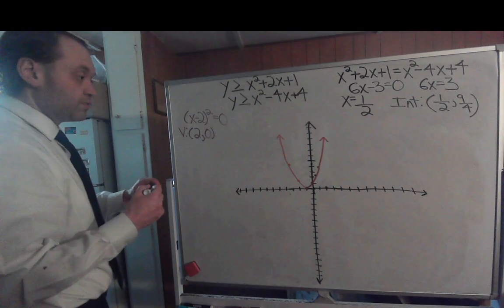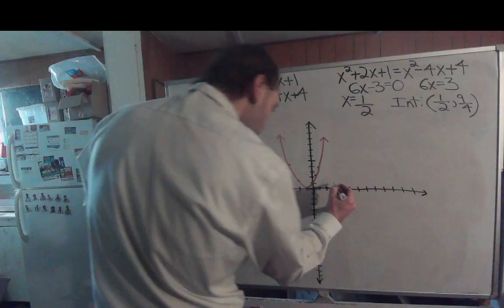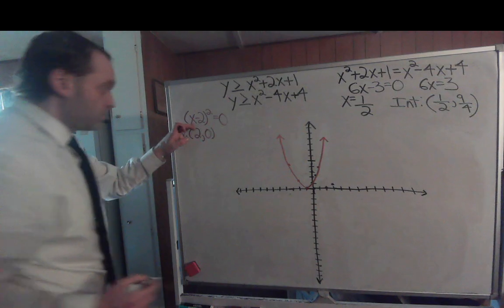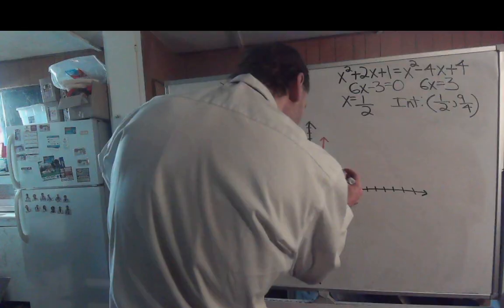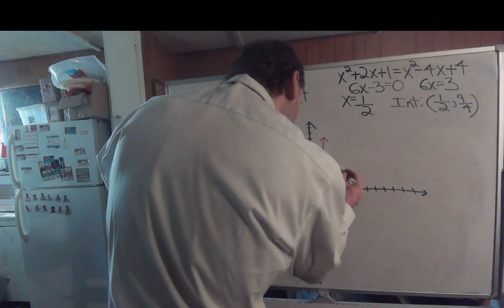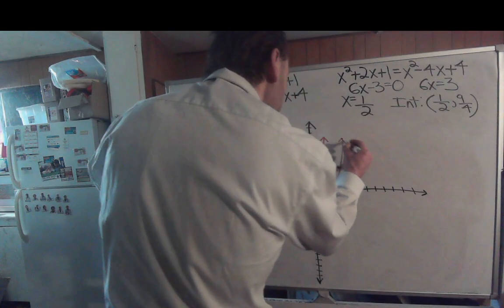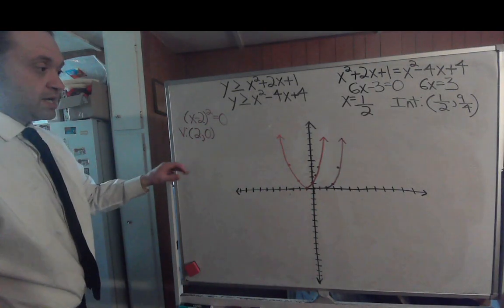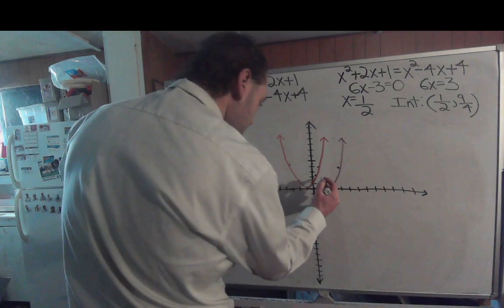Now let's go to the right. What if I put in 3? 3 minus 2 is 1, so I would have the point (3, 1) right here. If I put in 4, 4 minus 2 is 2, raised to the second power gives me 4. So the point (4, 4) would go there. I have enough to draw the parabola this way. Now let's do the left of the vertex. If I put in 1, 1 minus 2 is -1, that would give me positive 1.